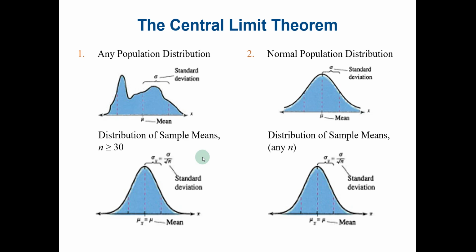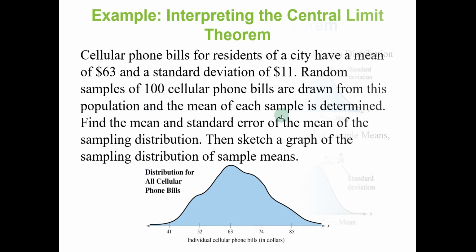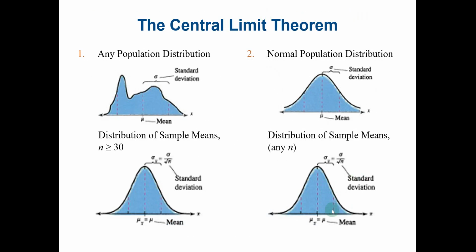Okay? Now, there are certain things we should know. When you do that, you will find that it has the following characteristics. The average of this new distribution will be identical to the population average of the initial one. So if you are told that a distribution of sample means has been created, calculate the average.